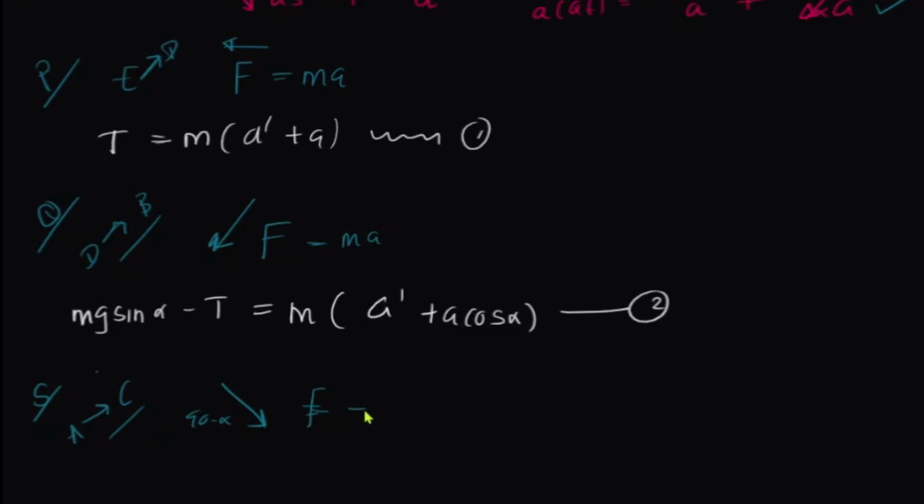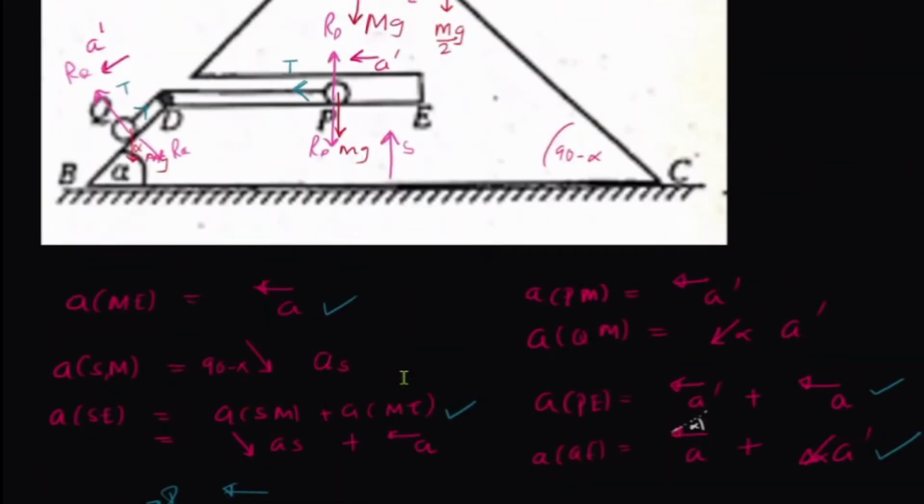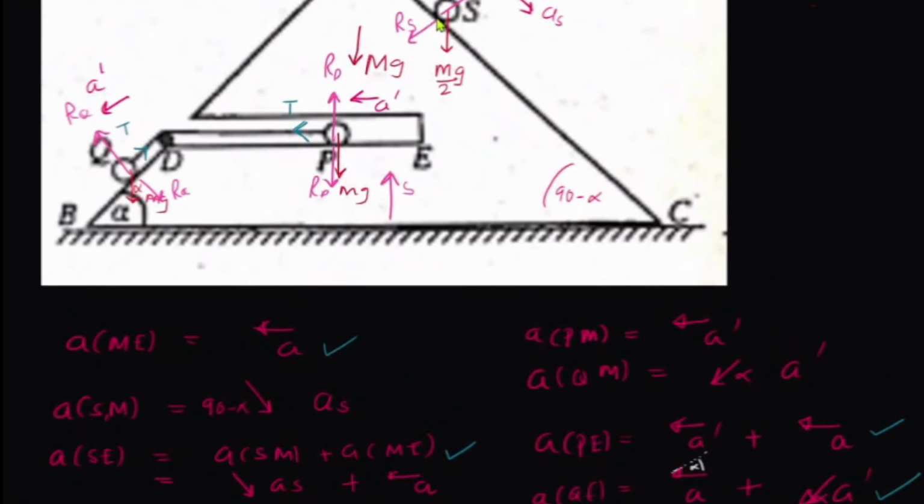Here you need to apply F equals ma. So what's the force acting on the particle S along this direction? M over 2 times g. This is 90 minus alpha, this is 90 minus alpha, therefore this is alpha.